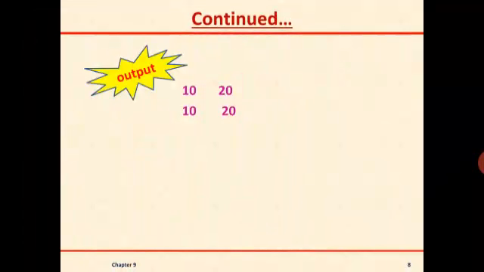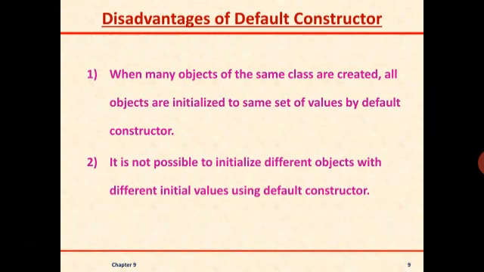So students, now let us analyze the disadvantages of the default constructor. The first main disadvantage is that when we create many objects, all objects will be initialized to the same set of values.